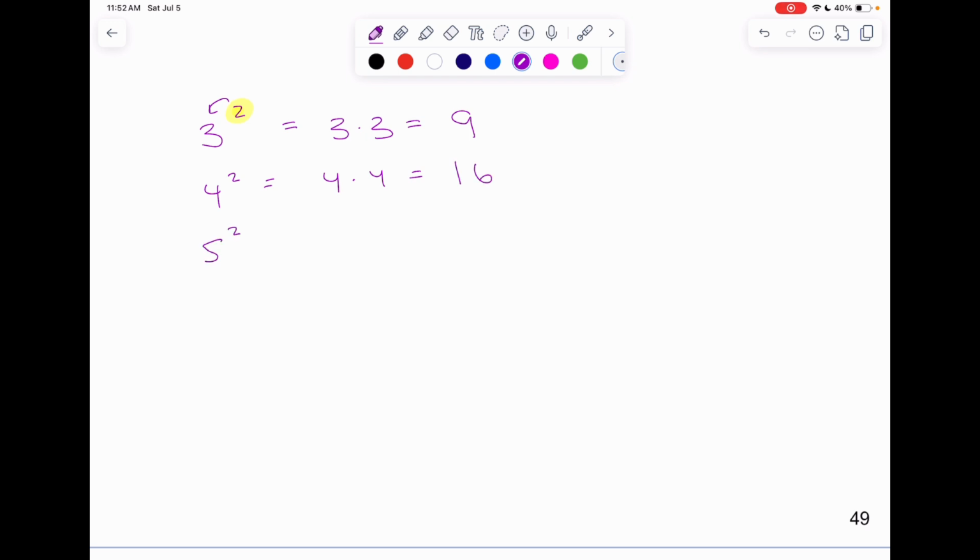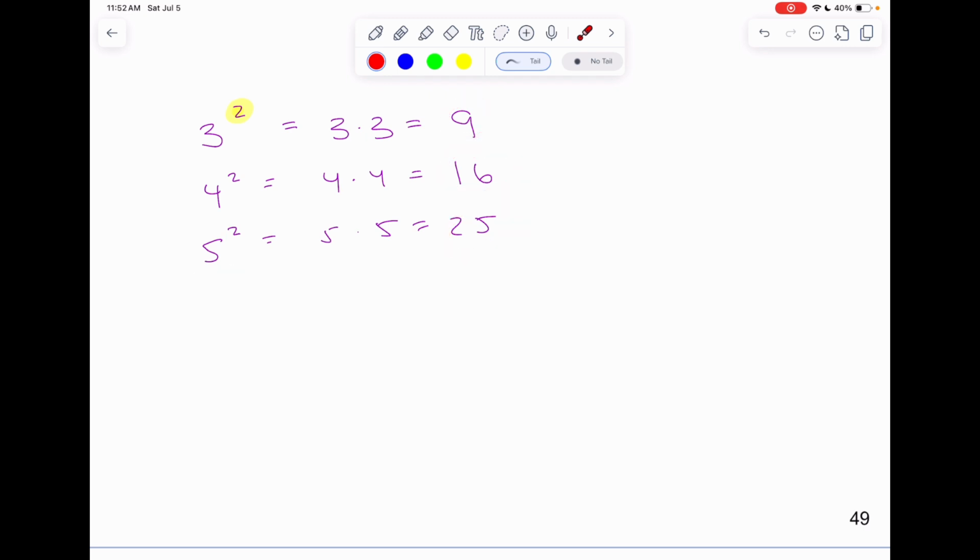Put the tiny 2 on a 5. It means 5 times 5, which is 25. So while all these numbers are different, this symbol means the same thing for each. That's called a function. It's a procedure that I'm performing on the 3, the 4, and the 5 that gives me this result.